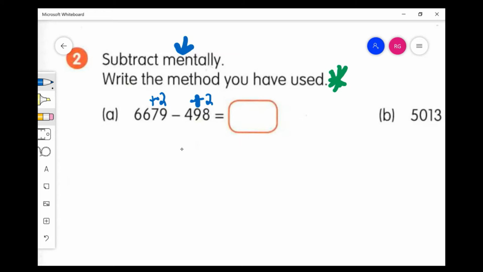So this ends up being 6,681. And that's going to be minus 500. And the next step, I kind of think of this now as just 681 minus 500.